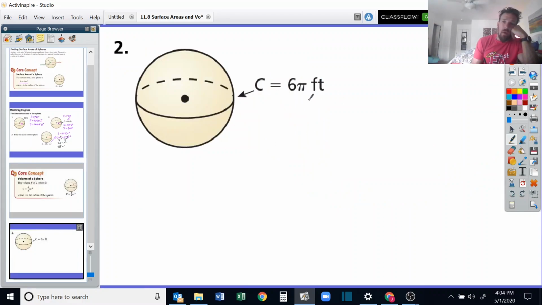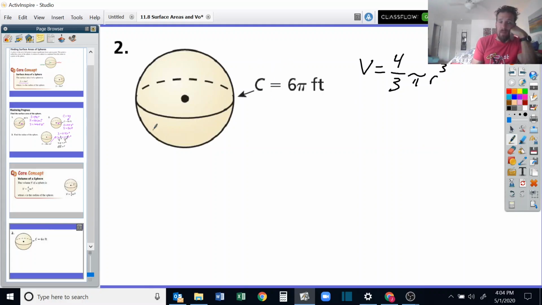And again, I'm just going to go right to one of the sort of second level kind of problems here, because I think you guys are pretty good at applying formulas. Our formula here is volume is 4/3 pi times the radius cubed. Now, in this problem, we have to first find out what that radius is.